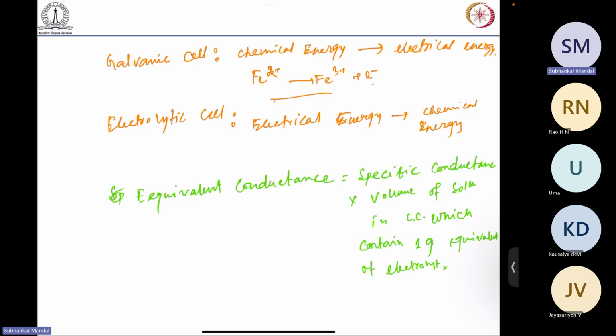So we represent that as lambda equals k into v. That you also know.